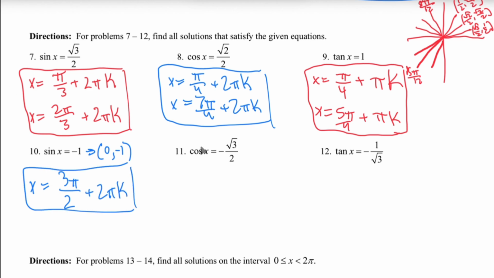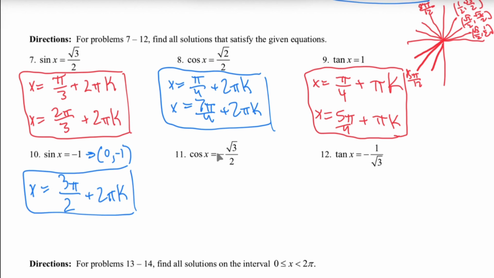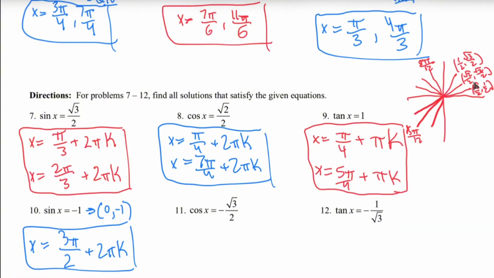Alright, and now 11. We have cosine as a negative. We know cosine is square root of 3 over 2 at denominators of 6. But where's cosine negative? All Students Take Calculus. So cosine is negative in quadrant 2 and 3. And we have denominators of 6, so this one right here. So I know this 12, 11, 10.